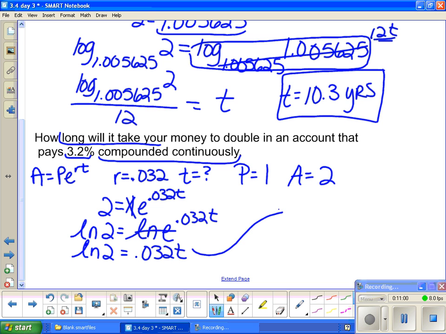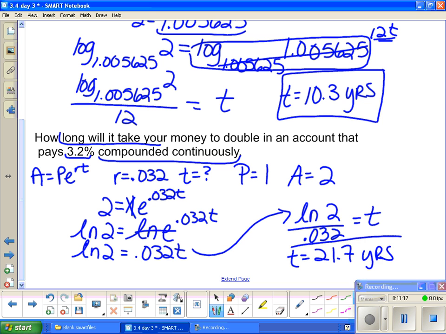Divide both sides by 0.032. That will give me my t, which is approximately 21.7 years. That would take for my money to double in an account that's compounded continuously that has a rate of 3.2%.